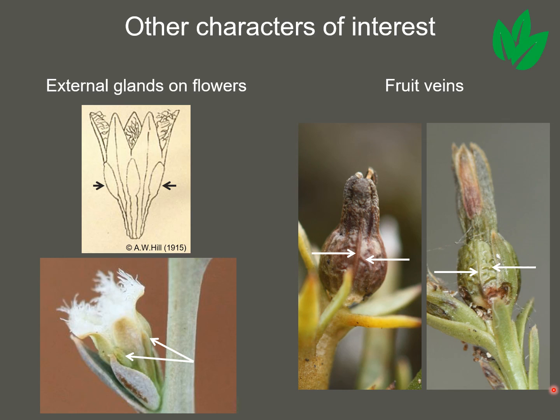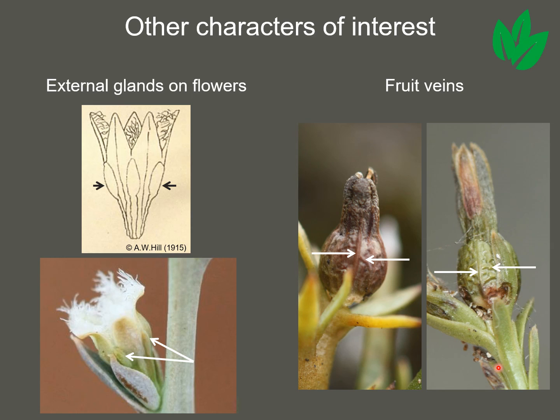Then looking at the fruit and specifically the venation on the fruit, there are two types of veins, the first being longitudinal veins and the second being reticulate veins between the longitudinal veins. What we normally notice is that in fresh fruit, both types of veins are either absent or not very prominent, and then they become progressively more prominent as the fruit dries.